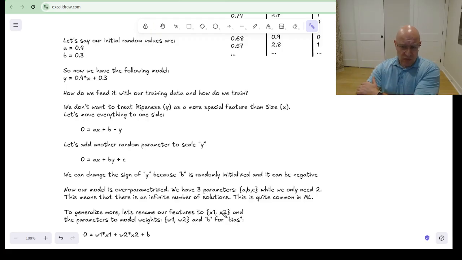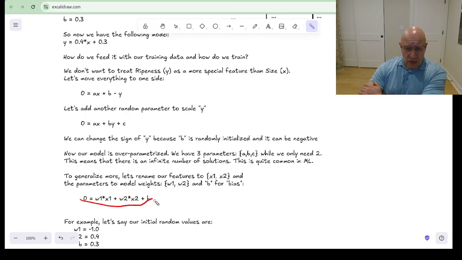It's just feature 1, feature 2. And same with a and b. I just want to call them parameter 1 and parameter 2. And usually we call them model weights. So that's why we use letter w. That's what you will commonly see in literature.